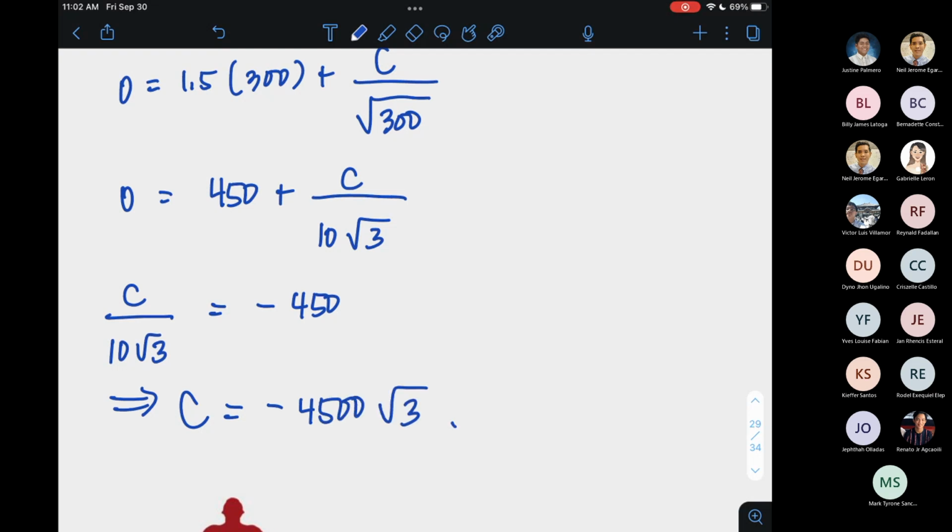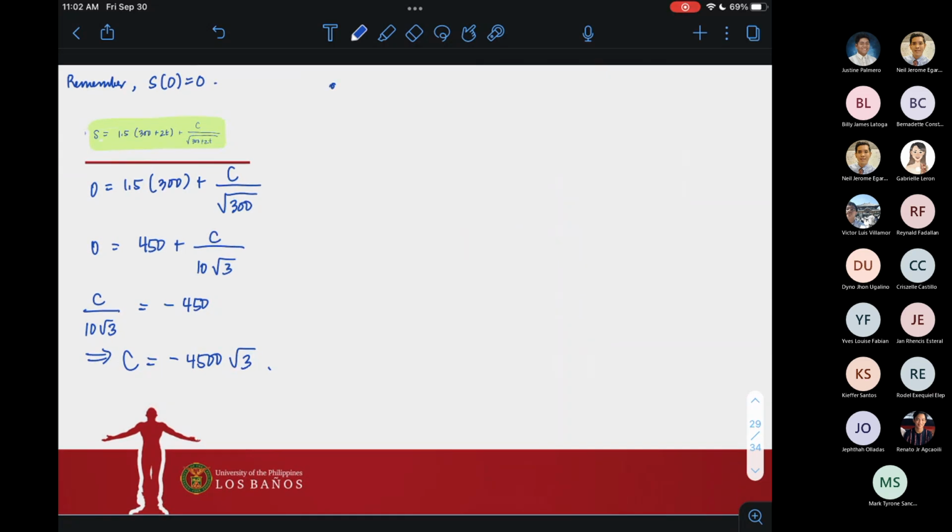So ito yung ating value ni c. Therefore, our solution is actually this. The particular solution for our problem is 1.5 times 300 plus 2t minus 4,500 square root of 3 over square root ng 300 plus 2t.